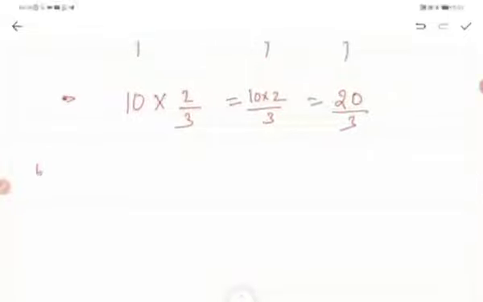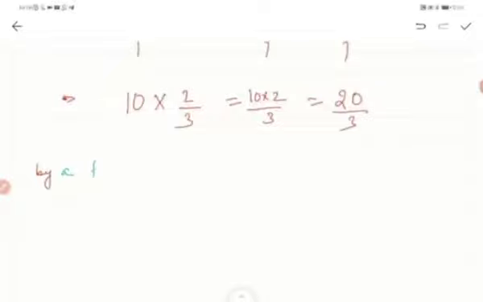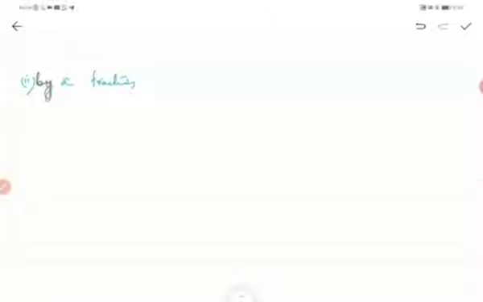Now let's see a fraction multiplied by a fraction. Okay, multiplication of a fraction by a fraction. That means you'll have two fractions. How to multiply those two fractions? Let's see now. Again, it's very simple.